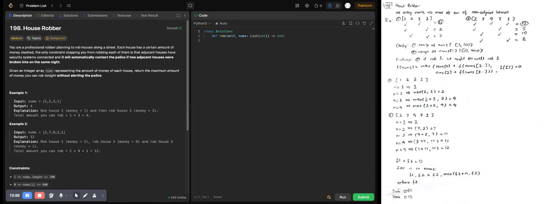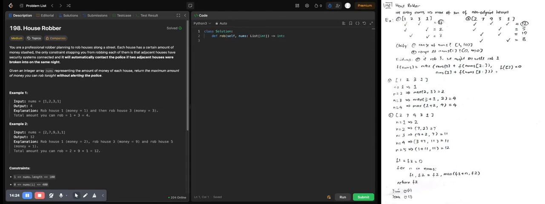When n is 2, then we can choose between 7 and 2, which is 7. And then when n is 3, we could take 9 plus 2, or we could take the previous one, so that would give us 11.